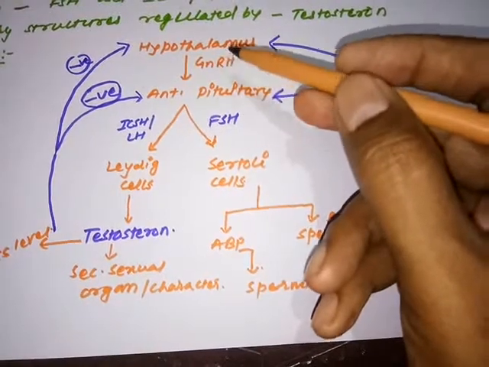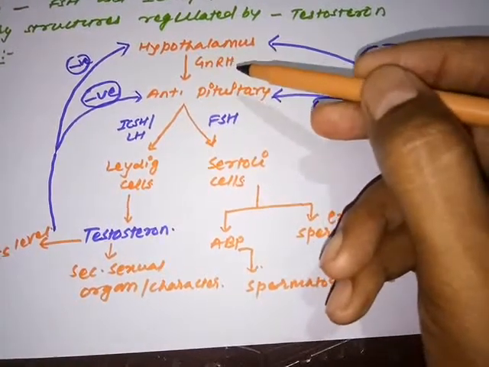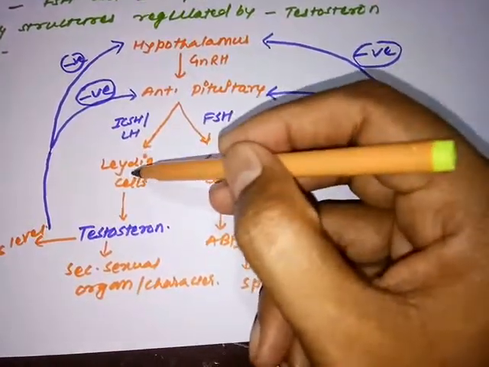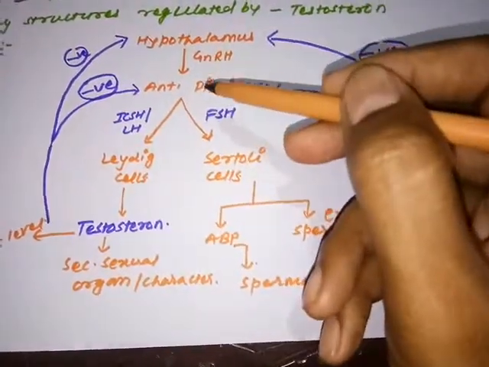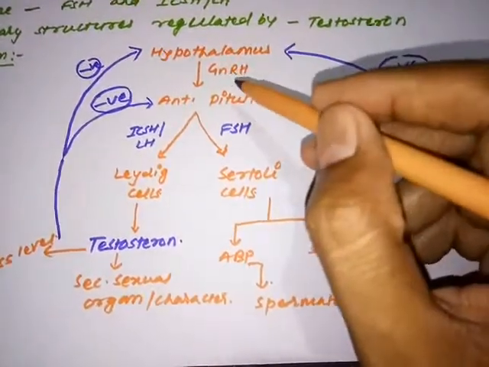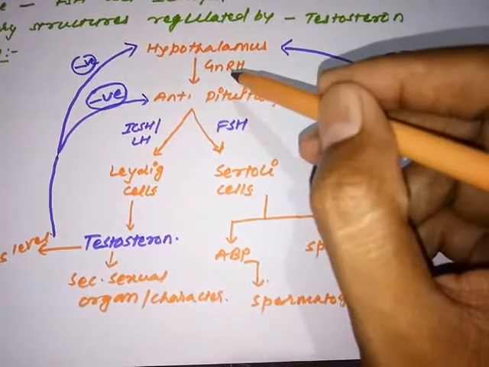Suppose GnRH is there, they may provide you a blank space and you need to find out what kind of hormone is present there. So I am going to discuss the hypothalamus, the structure which releases GnRH. Remember, one by one we are discussing everything.